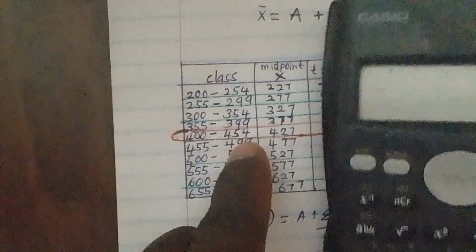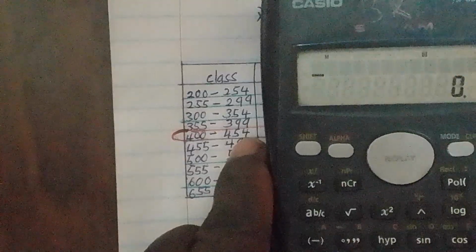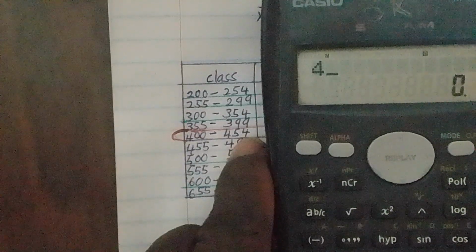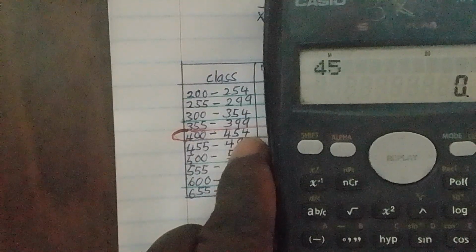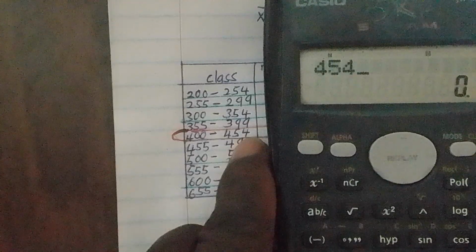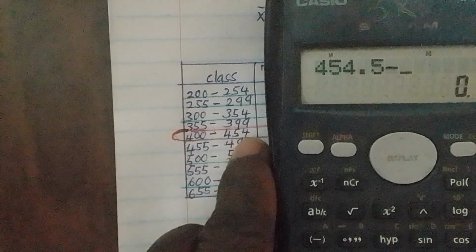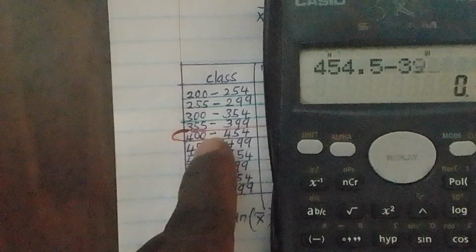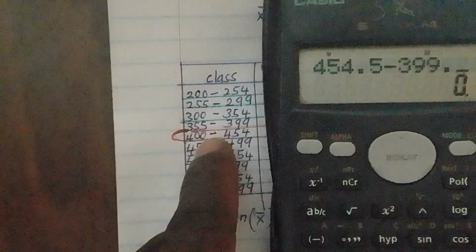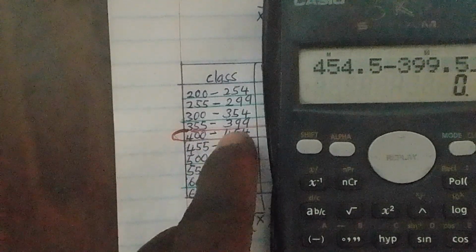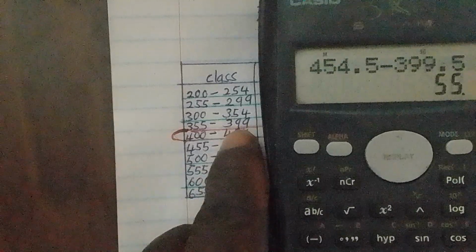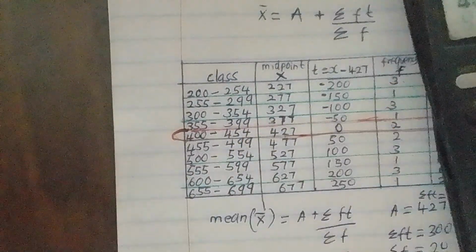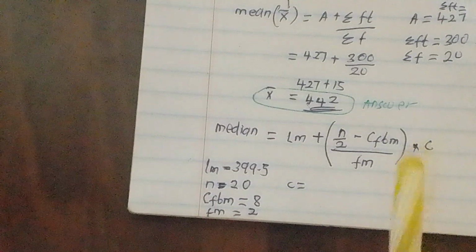No, it's not 54, it's supposed to be the upper class limit, which is 454.5, minus 399.5. You will get 55. Our class width will be 55.